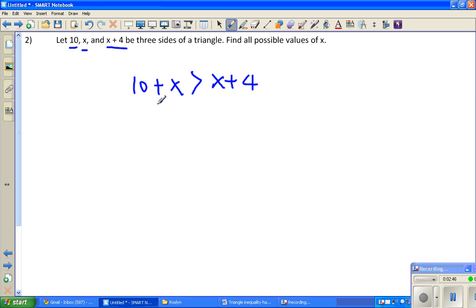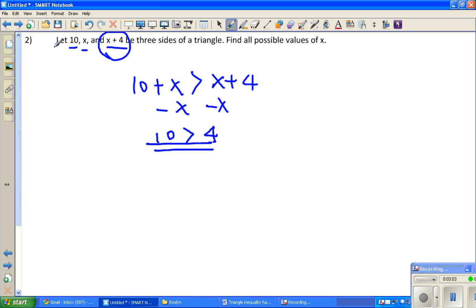Now, as you subtract x from each side, you will realize that 10 is greater than 4, which is true in all cases. So in fact, when this one is greatest, then it will always make sense.